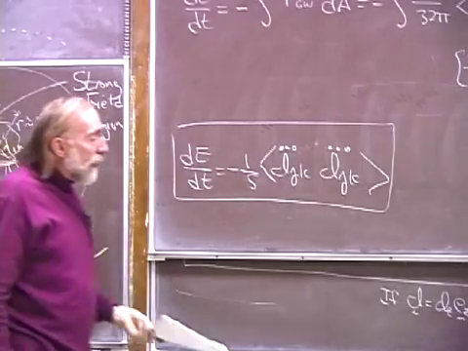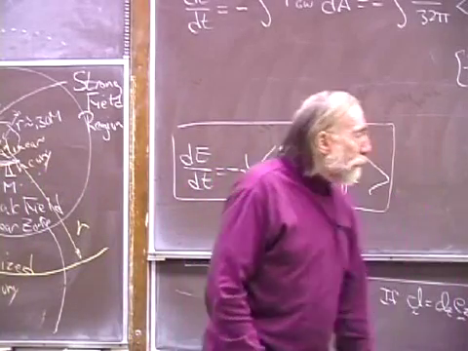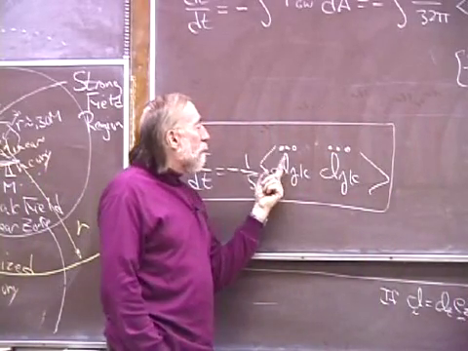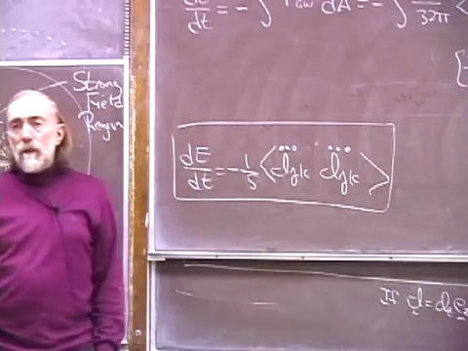So the bottom line is it's just 1/5 the square of the third time derivative of the mass quadrupole moment.